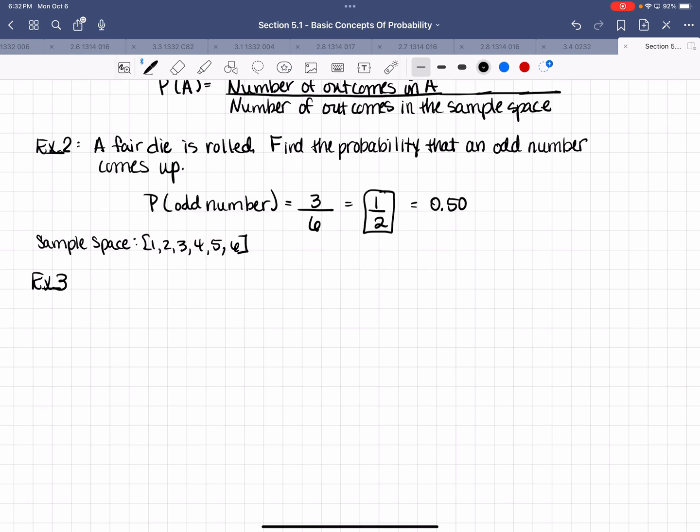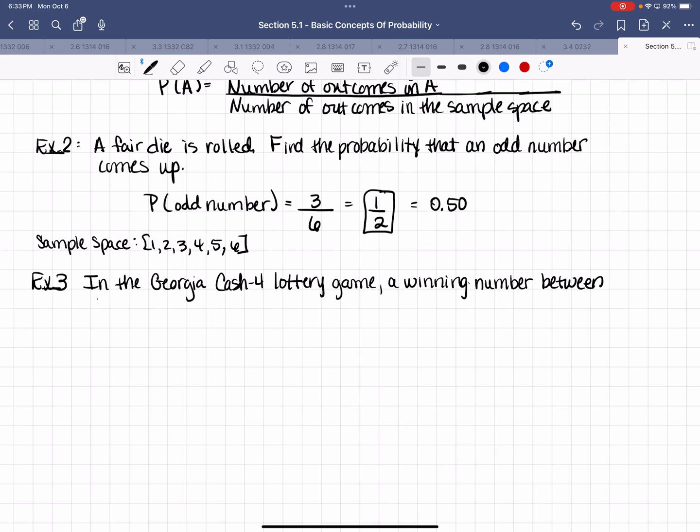In the Georgia Cash 4 lottery game, a winning number between 0,000 and 9999 is chosen at random.